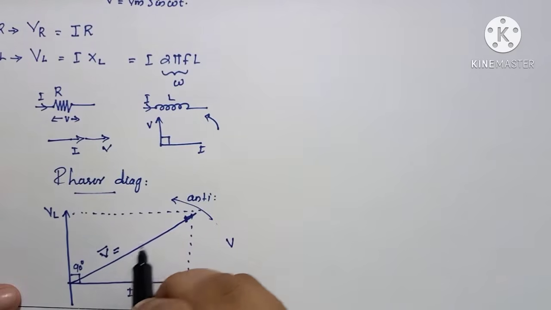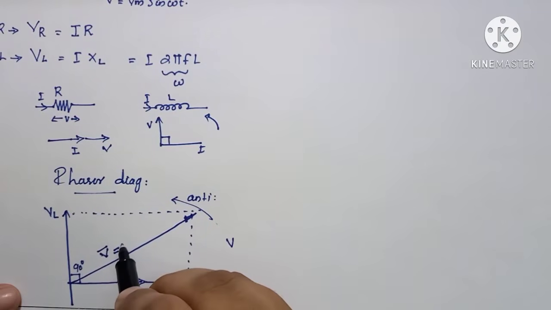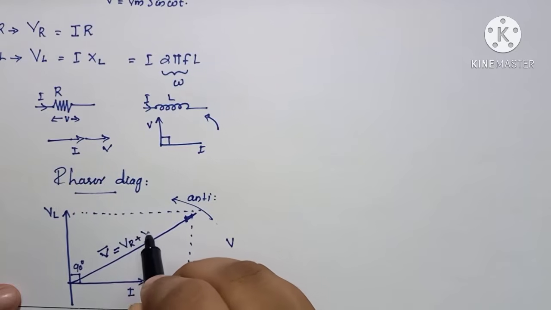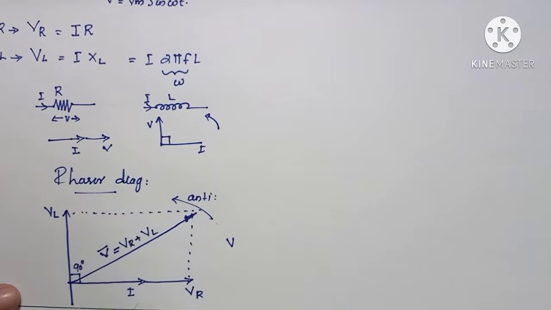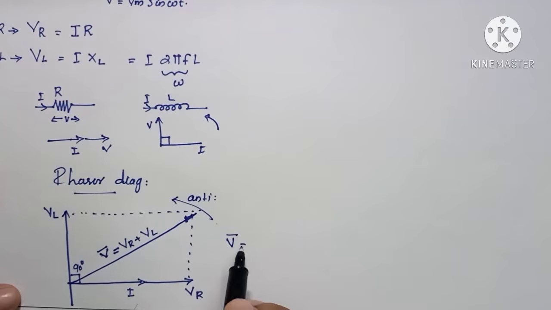So the resultant vector V will be equal to the sum of what? VR and VL. The resultant vector V will be the sum of the voltage due to the resistor and the voltage due to the inductor. The resultant vector V will be equal to VR plus VL.